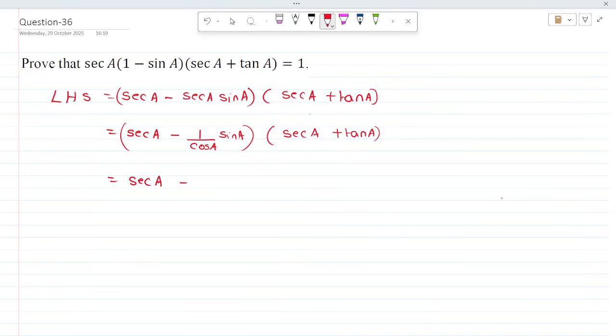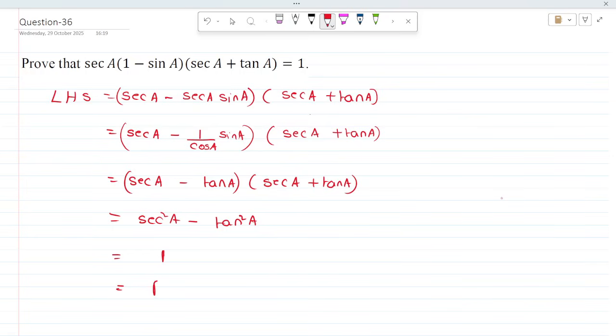Secant A minus sin A by cos A. What is that? It is like A minus B into A plus B. What is that identity? A square. So secant square A minus tan square A. From the identity, its value is 1.